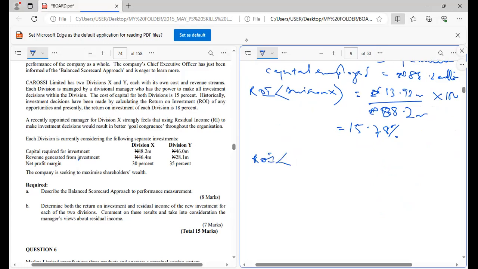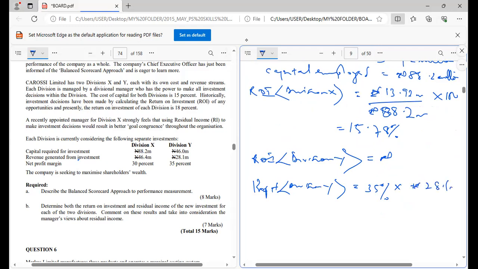ROI for division Y. We have to know the profit for Y. So profit for division Y is equal to the net profit margin of 35% times 28.1 million.